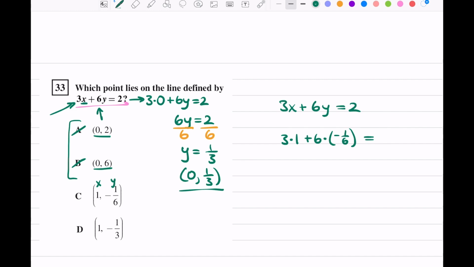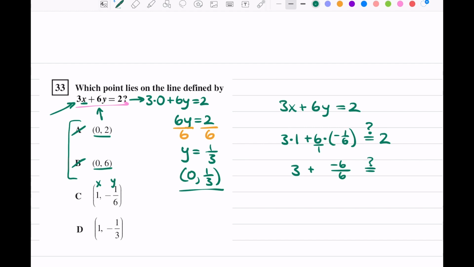And we don't know if those values make the equation true, so we'll put a question mark above our equal sign. On the left side, 3 times 1 is 3. And if we think of 6 as 6 over 1, we just have two fractions that we're multiplying. So on top, we'll get 6 times negative 1, which is negative 6. And on bottom, 1 times 6 is 6.